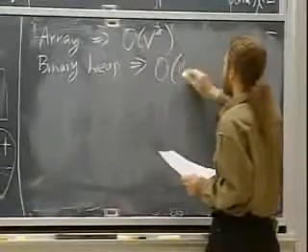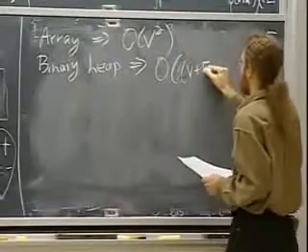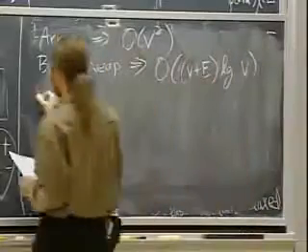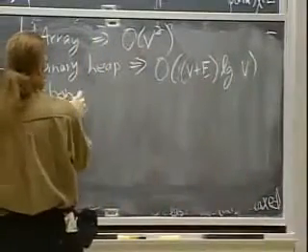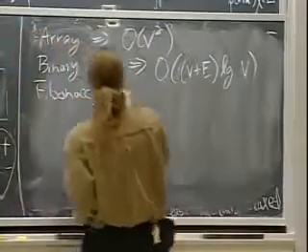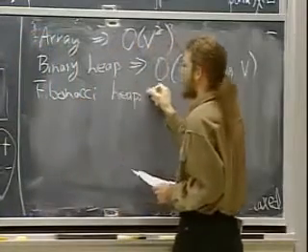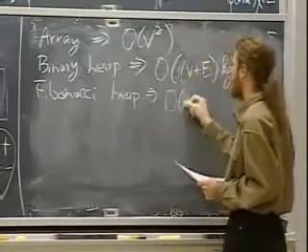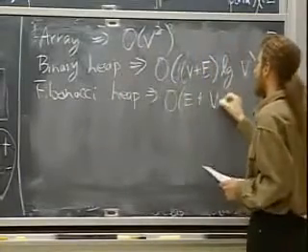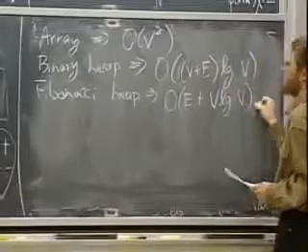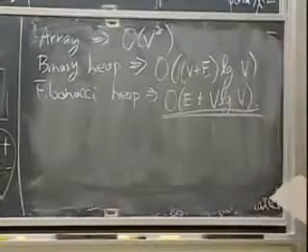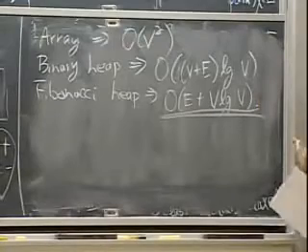And so this is V plus E log V. And so that's what we know how to do. And if you use this fancy data structure called a Fibonacci heap, you get constant time decrease key amortized. And you get an E plus V log V worst case bound on the running time. So this is the best.